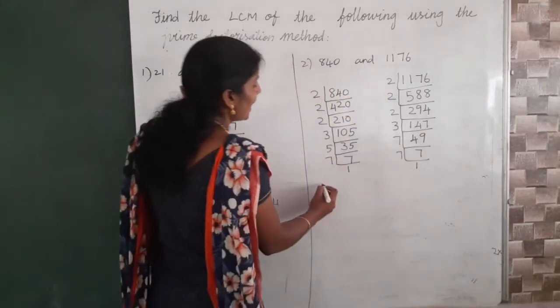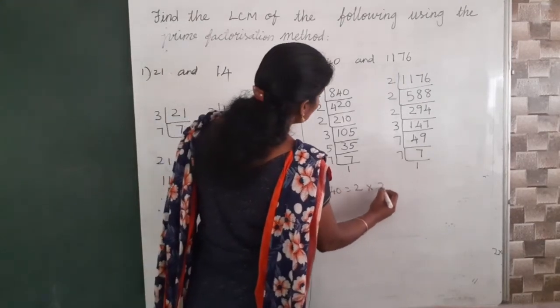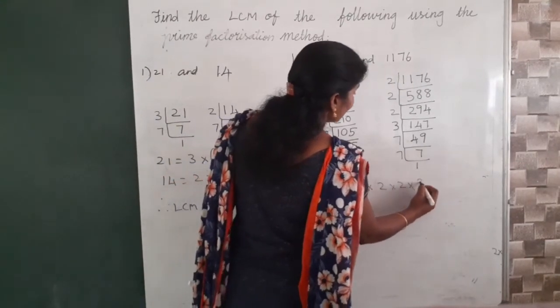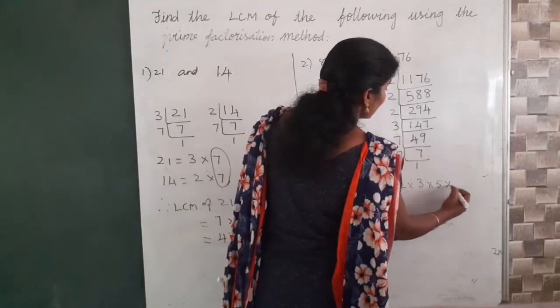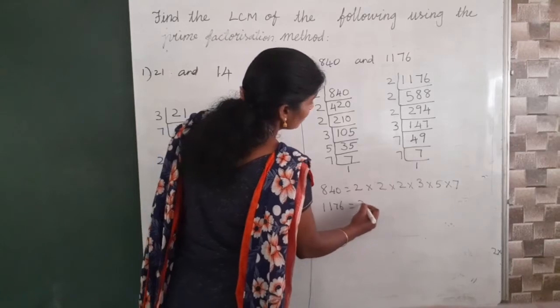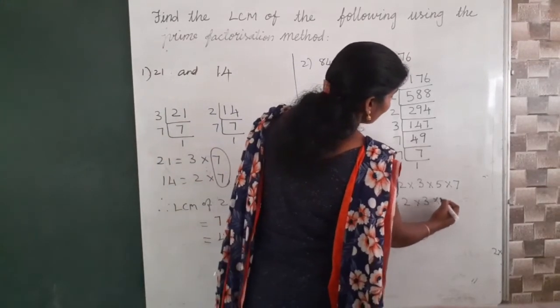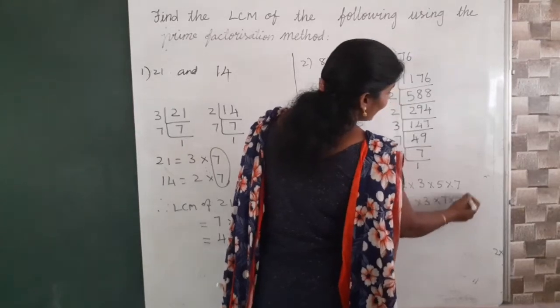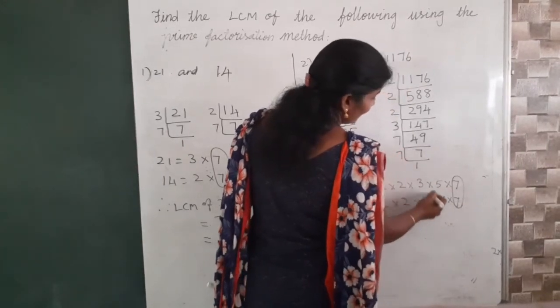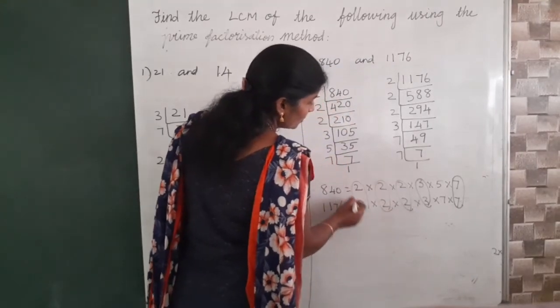Okay. Now we can write the prime factors of 840 is equal to 2 into 2 into 2 into 3 into 5 into 7. Then 1176 equals 2 into 2 into 2 into 3 into 7 into 7. Now what are the common factors? 7, 3, 2, 2, then again 2.